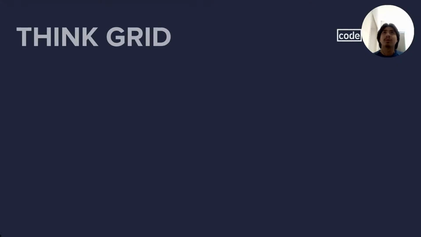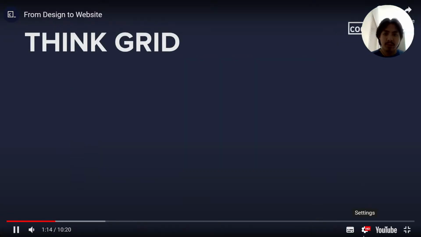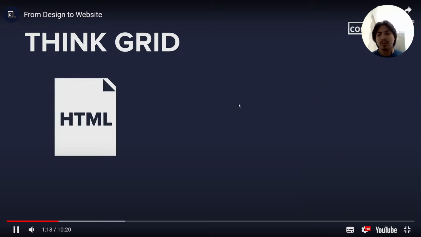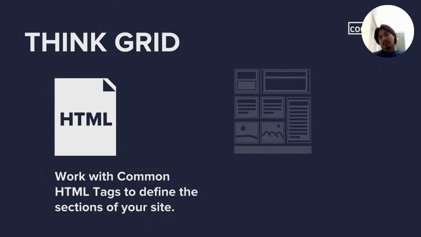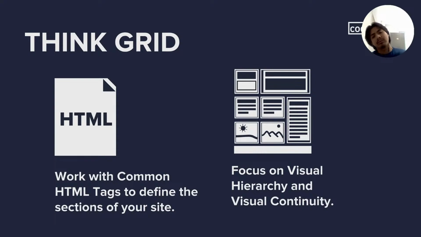When we begin to build our websites, let's think about their underlying structure as being grids. The design of our websites as we build them out in HTML and CSS are informed by a grid. Okay. The header region, a nav section, a main banner, a footer. As we think grid, let's work with common HTML tags to define the sections of our site. Let's focus on visual hierarchy and visual continuity as we move through the different sections.